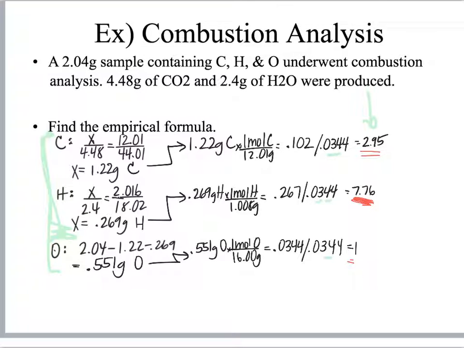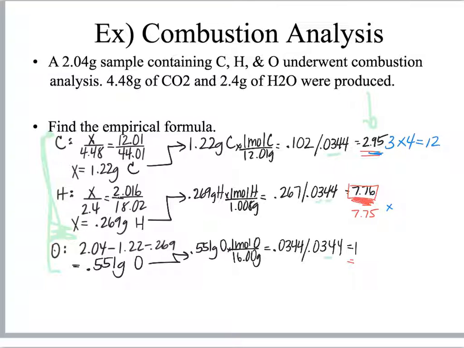In the case of this particular example, the 7.76, if you think of it as 7.75, the way that you would get 7.75 to be a whole number is to multiply it by 4. If you multiply that by 4, you have to multiply all of these by 4. Now, the 2.95 answer is acceptable to round off to 3 and then multiply by 4.